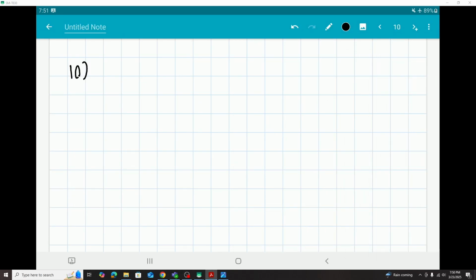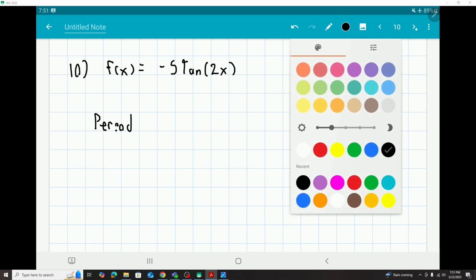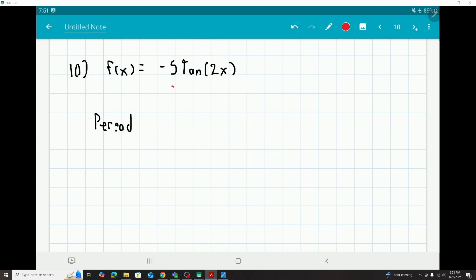Okay. So here we accidentally kept the grid paper, but that's okay. f of x equals minus 5 times tangent of 2x. And so the first thing asks, what's the period? So the period, we have a tangent of b times x minus h, plus k.